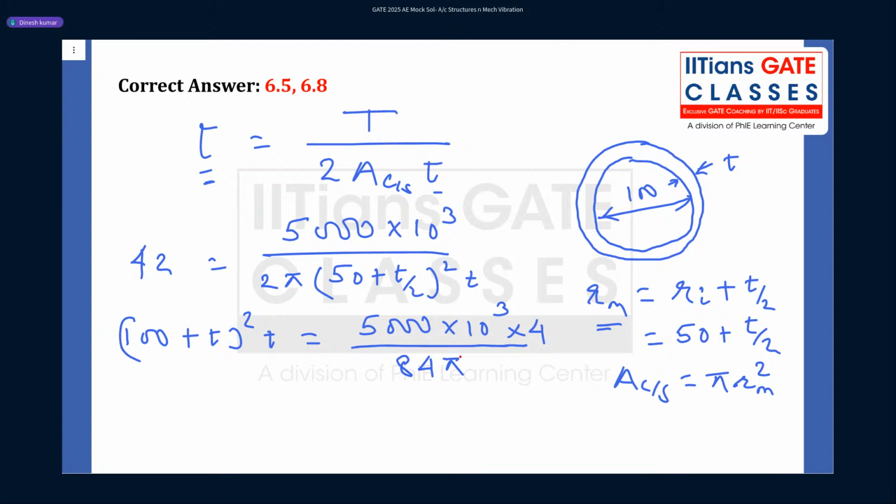Guys, please check, is this correct? Now from here, if you solve, this is coming as 75788.